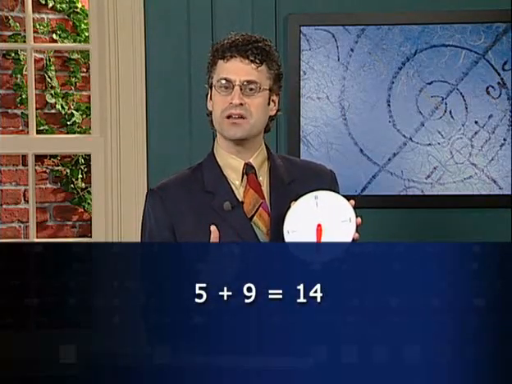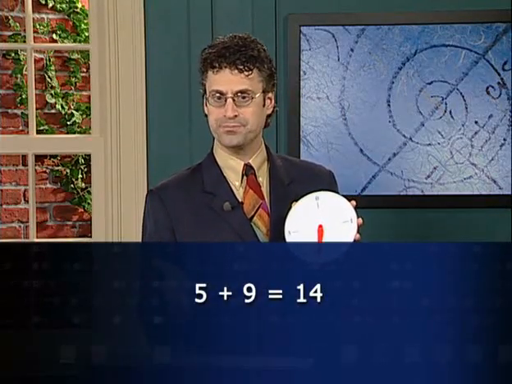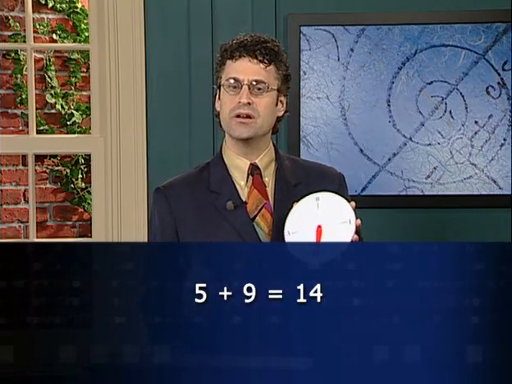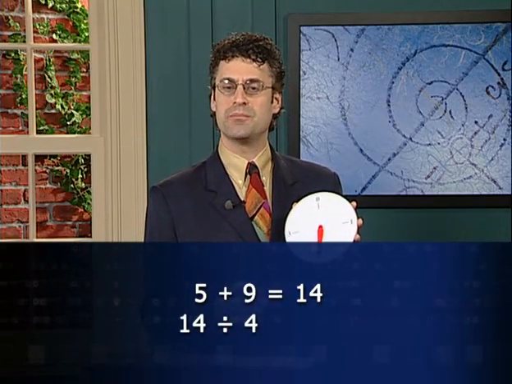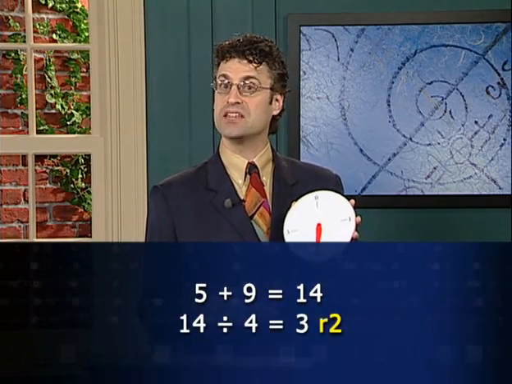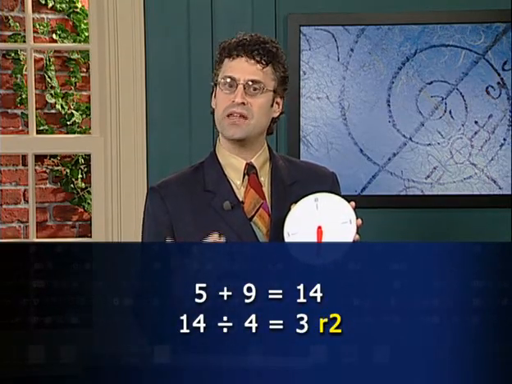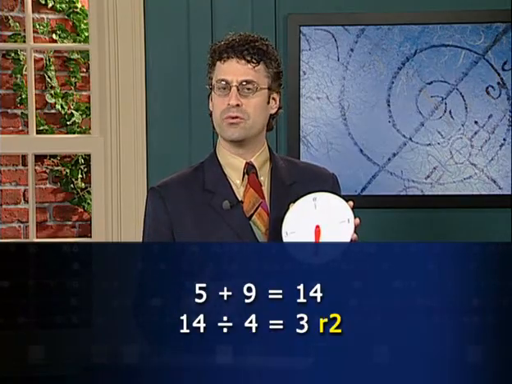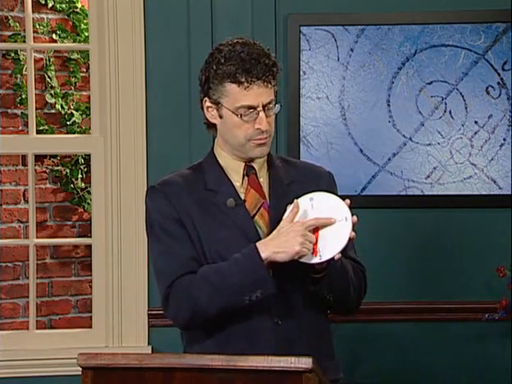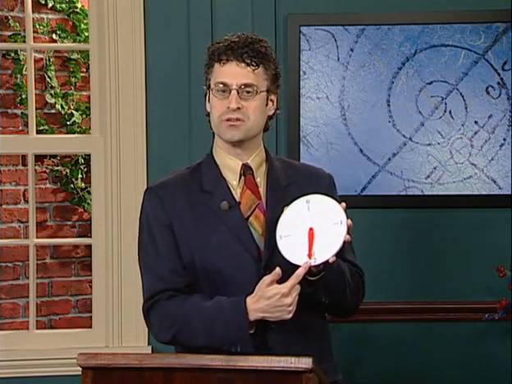So, for example, let's take a look at 5 plus 9, which equals 14. And look at the remainder when 14 is divided by 4, and we see that it's 2. And notice that the remainder when 5 is divided by 4 is 1, and the remainder when 9 is divided by 4 is 1. And so we're seeing 1 plus 1 equals 2, and the clock shows that.